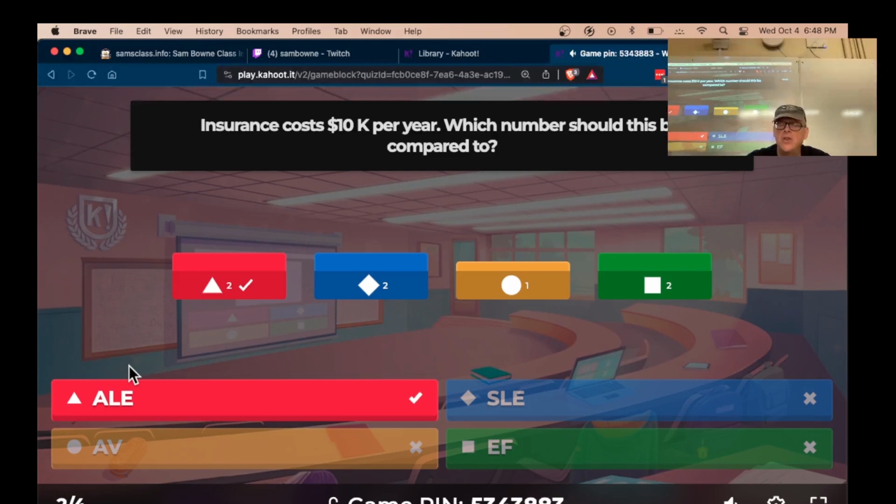That's how much dollars you're going to lose per year. This is the value of the asset. This is the exposure factor, which is what part of the asset will be lost if the bad thing happens. And this is the single loss expected. But then you need the annualized loss expected because you're paying per year. So this is how much you expect to lose per year, and this is how much it costs for the insurance. And those are the two things you compare to decide whether it's worth getting the insurance or not.